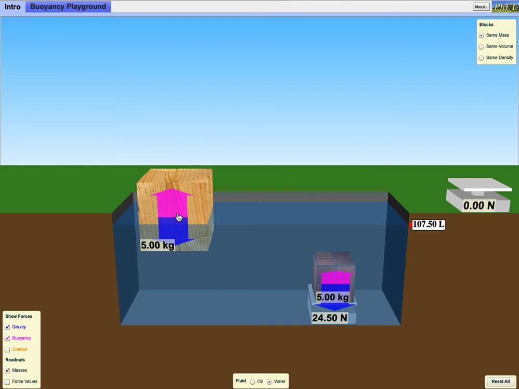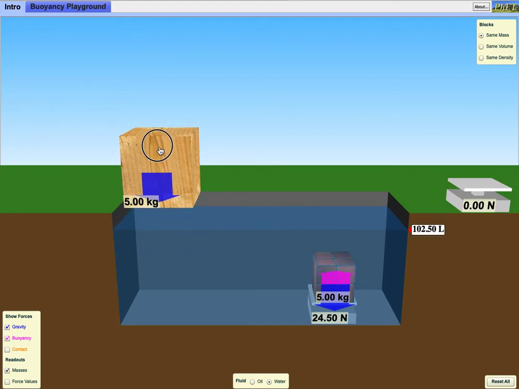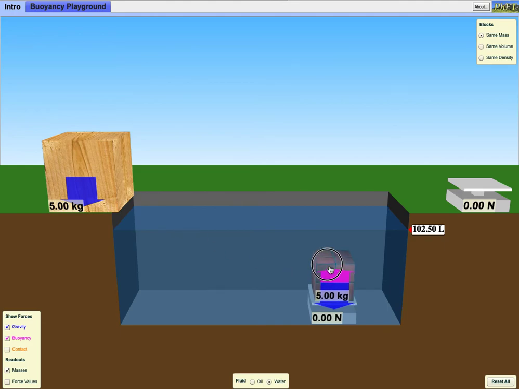Gravity is pointing down, but there's another force pushing them upwards. Because this object is stable, not sinking or rising, the buoyant force, the force the water exerts upwards, the pink arrow, is equal to the weight of the piece of wood. For the piece of cement, though, the cement is more dense, so it sinks.